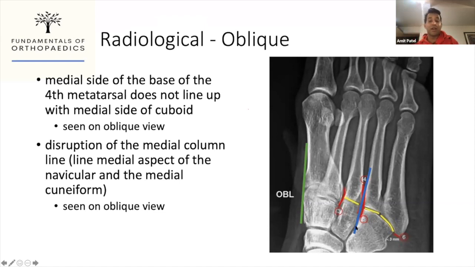That's the blue line. So if there's any disruption there, there may be injuries to the lateral rays, the fourth and fifth. And the green line shows the medial column disruption, the medial part of the metatarsal in relation to the medial cuneiform. Both of these are seen in the oblique view.